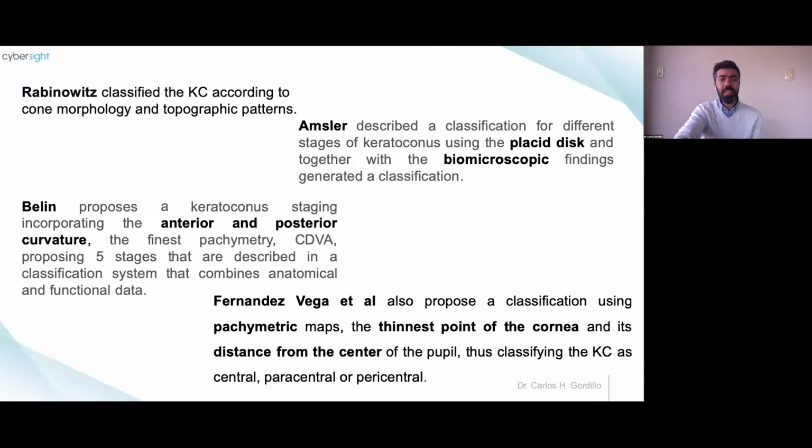Then the Belin ABCD proposes keratoconus staging incorporating the anterior and posterior curvature of the cornea, the thickness pachymetry, and the corrected visual acuity, and they propose 5 different stages. It's pretty complete. And then we have Fernandez Vega et al., the Oviedo classification, which also uses pachymetric maps, the thinnest point of the cornea, and its distance from the center of the pupil, and they classify the keratoconus as central, paracentral, and pericentral.